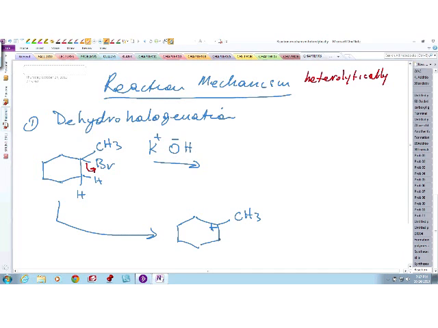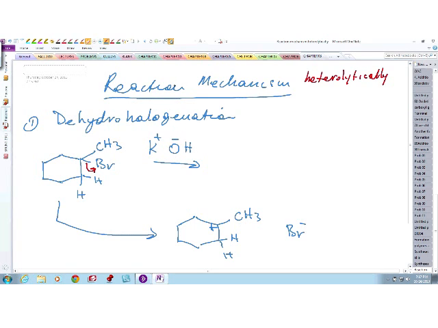This time we form a tertiary carbocation. The bromide is here somewhere. And then what is going to happen?